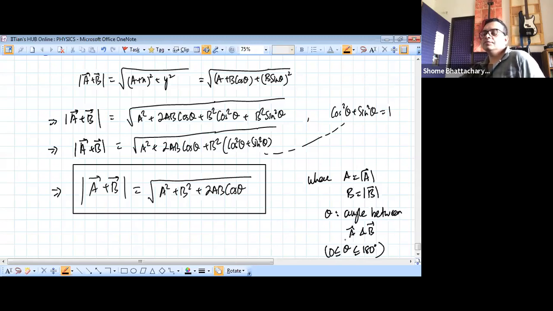The maximum can be 180 if they are opposite each other, and the minimum can be 0 if they are parallel.